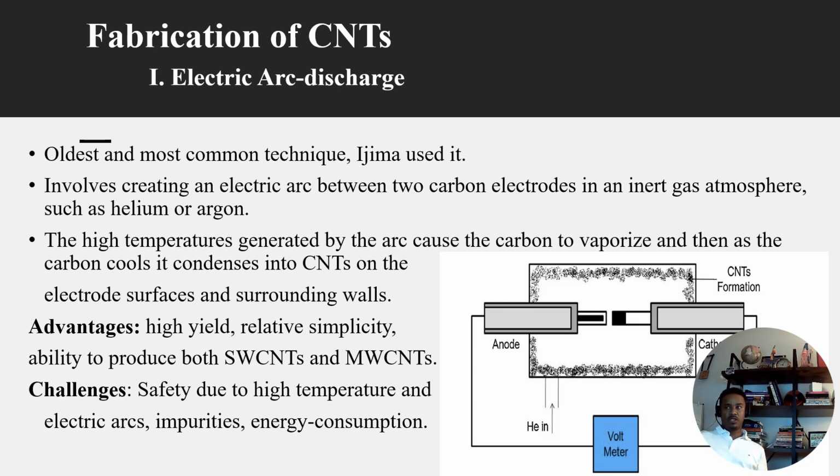Additionally, this method often produces impurities that require further purification steps. As it is the first method deployed in producing carbon nanotubes, it's expected that we may not have pure carbon nanotubes, as we will see in the other fabrication methods. Despite these limitations, the electric arc discharge method remains a valuable tool for carbon nanotube research and development.